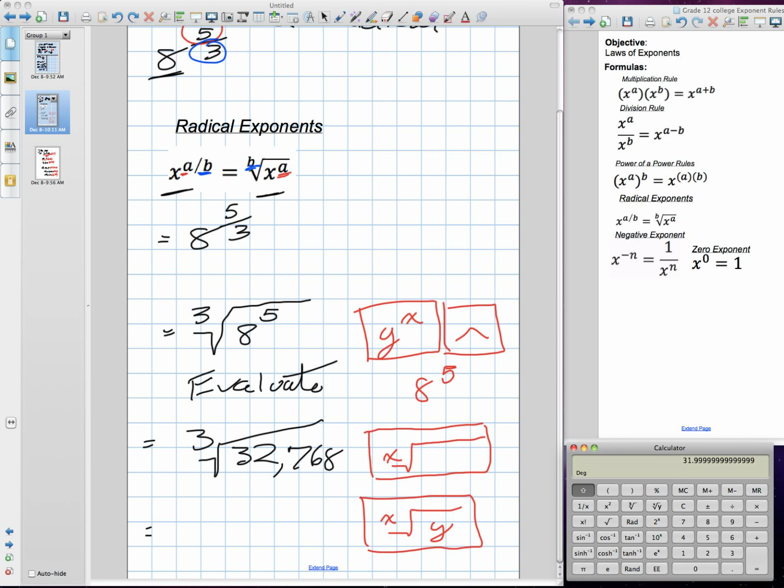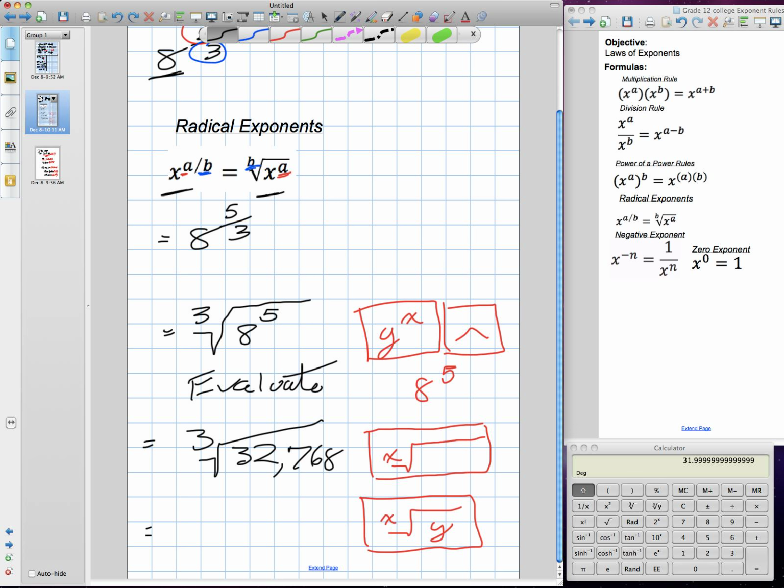Calculator should have rounded. You guys will end up with 32 when you evaluated this, okay? What's very important is you guys make sure you're using a calculator you're going to use on the test, because you need to know which of these buttons you'll be pushing when you go to put it into exponent form and when you go to put it into radical form.